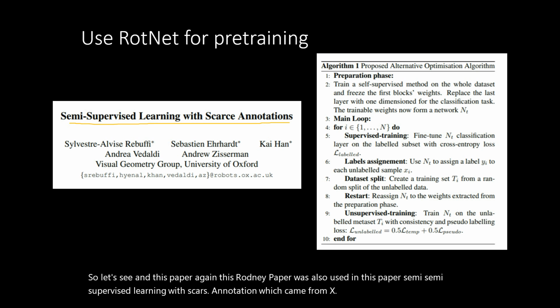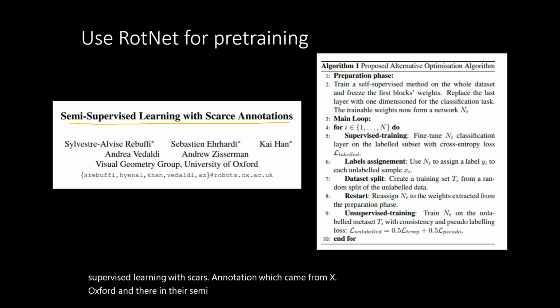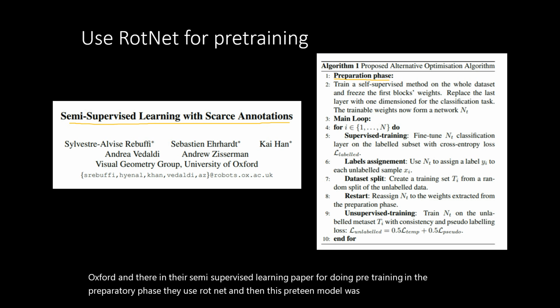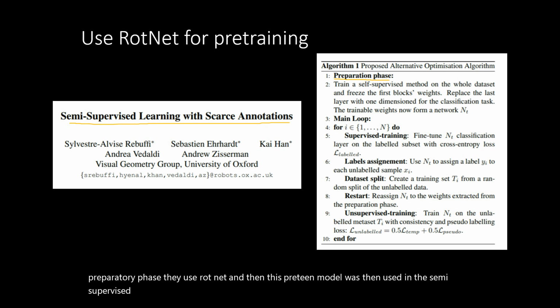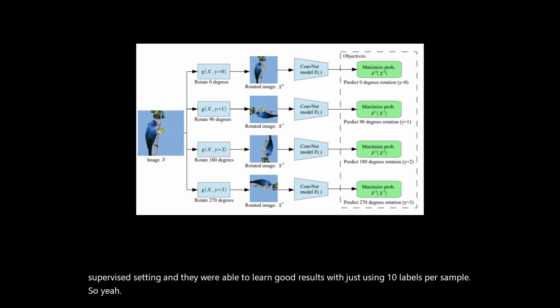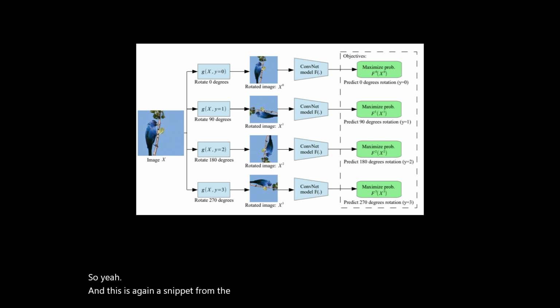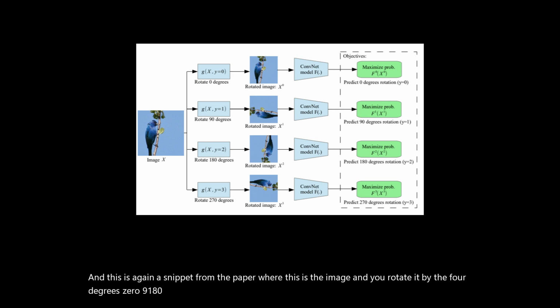There, for the pre-training in the preparatory phase, they used RotNet, and then this pre-trained model was used in the semi-supervised setting, and they were able to get good results with just 10 labels per sample. And this is a snippet from the paper where you take the image and rotate it by the four angles 0, 90, 180, 270, and you task the network to predict its degree of rotation. That's just a four-way classification model.